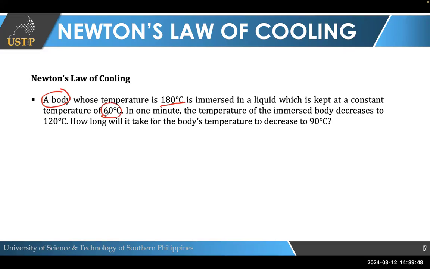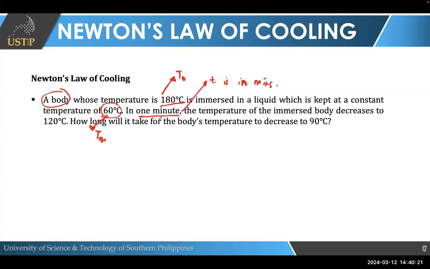So, it should not be Celsius, but anyways, we know, class, that this is your T sub 0, the initial temperature of your body when immersed in the liquid at a constant temperature of 60 degrees Celsius. This is your T sub m. In 1 minute, this is a clue, we can assume that t is in minutes, for an easier analysis.